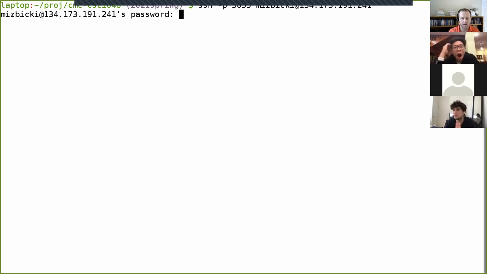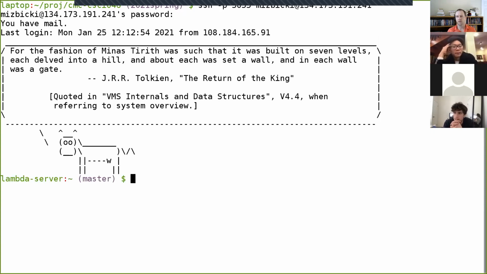Once we have connected to the Lambda server, the very first time that you connect, it's going to ask you to change your password. You'll have to type in the original password that I gave you in the email, and then create some new password that will be your password. One of the important things in this class is that you do not share your password, you do not share your login credentials with anybody else.